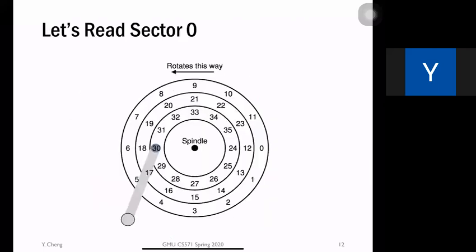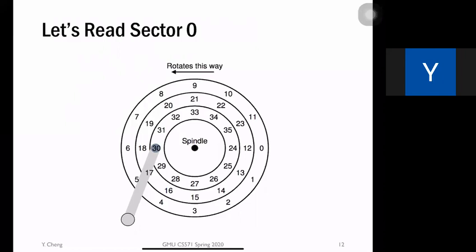In the next couple of slides, I'm going to show you, using this example, how a hard disk drive reads a sector, a logical block of data, from a particular track. In this example, let's read sector 0. It's a more comprehensive example.